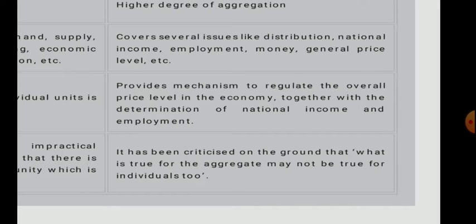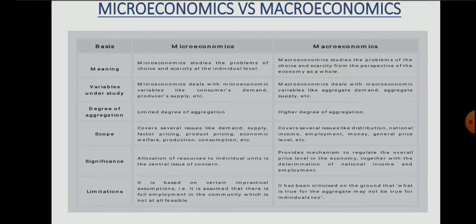Suppose this year's national income increased, but it does not mean the individual's income also increased. It might happen that a few groups of people's income increased, and that is why the total national income increased. So it is not true that if something is true for the mass, it should be true for the individual as well. So these are the differences between micro and macroeconomics.